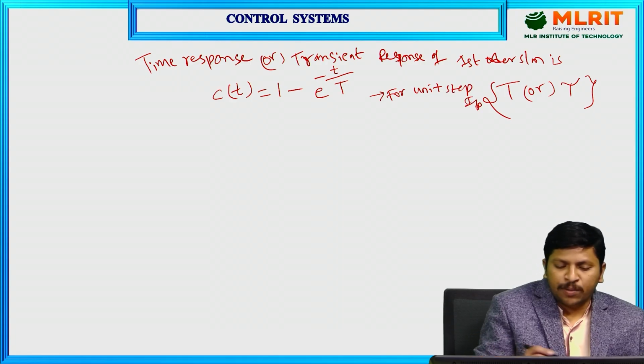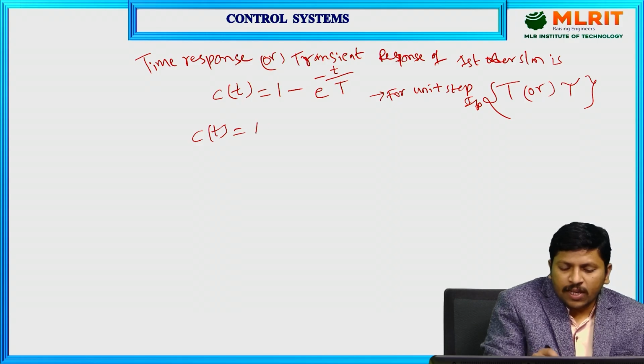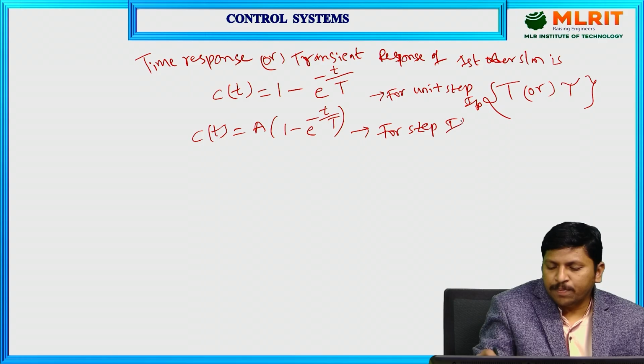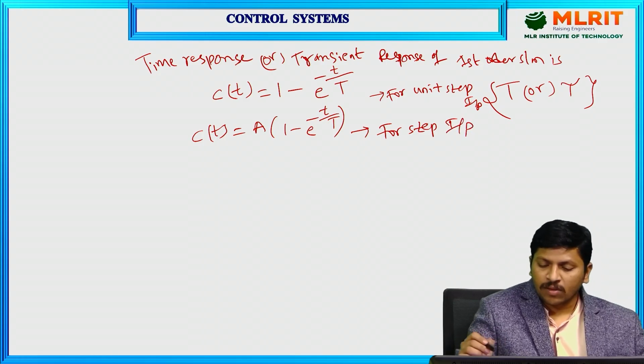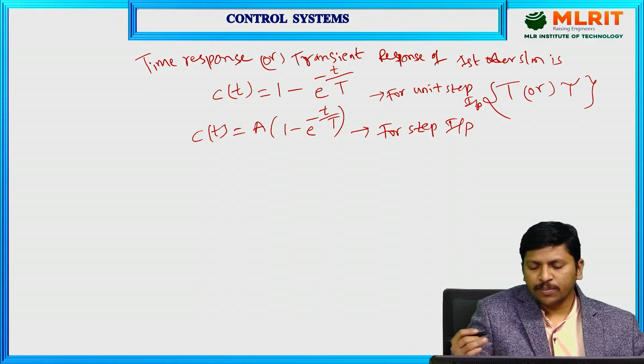For a step input, C of T equals A into 1 minus e power of minus T by T. This is for step input. For a step input, just multiply the A with the unit step input response.